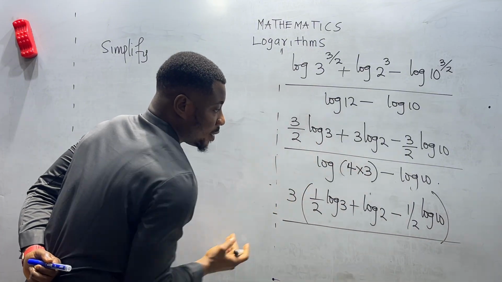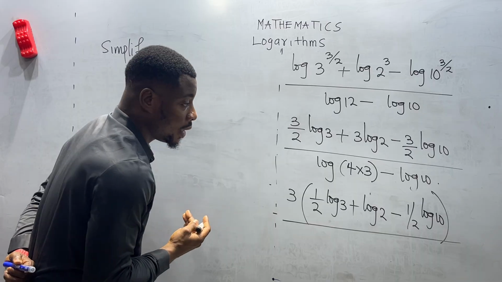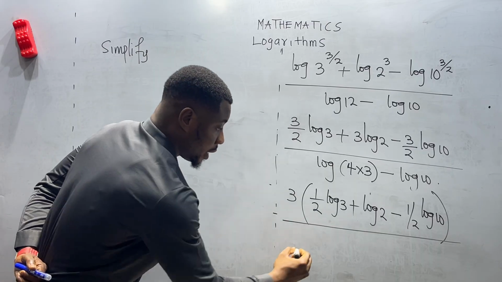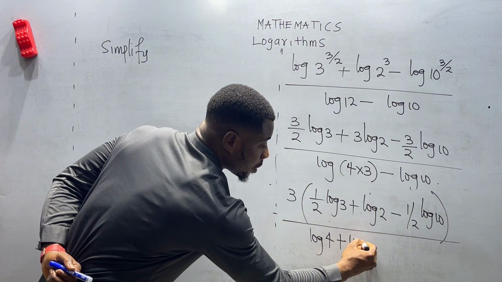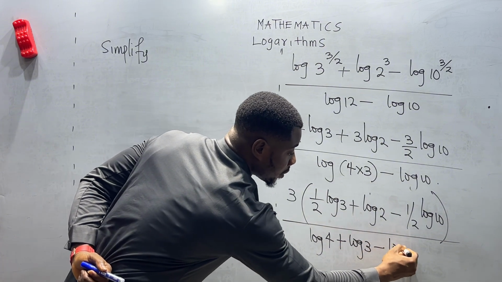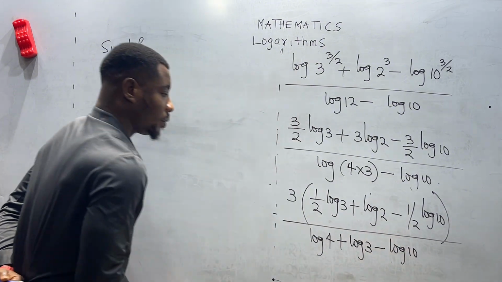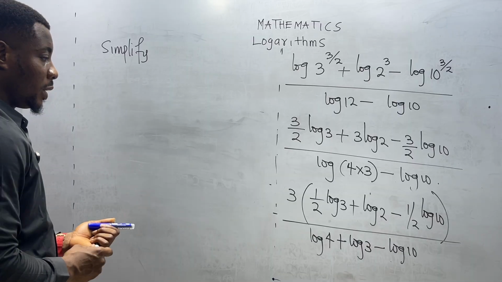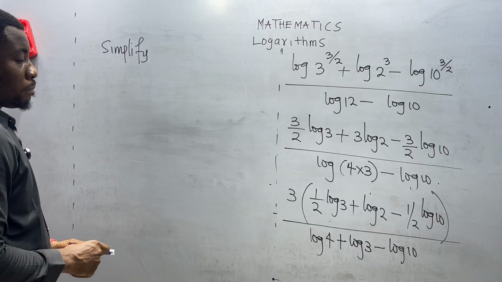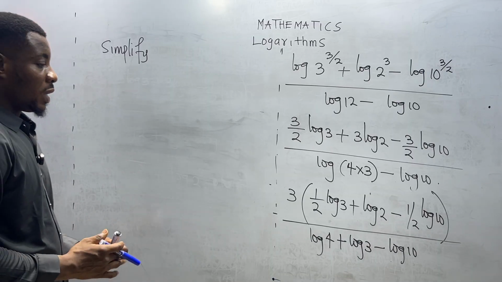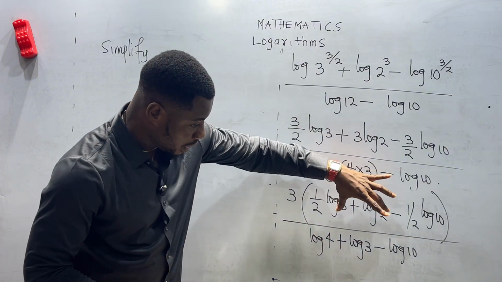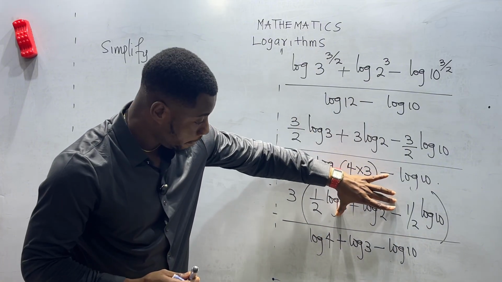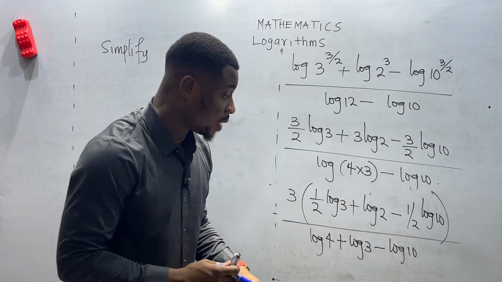So we can say divided by. Now, since we have multiplication here, we can apply our rule of log again. So this is simply writing log 4 plus log 3 minus log 10. At this point, we are very close to producing a common term here and here, so that they can strike out.